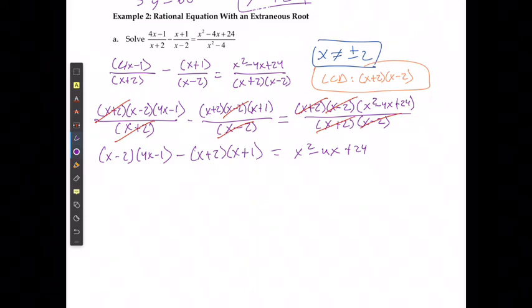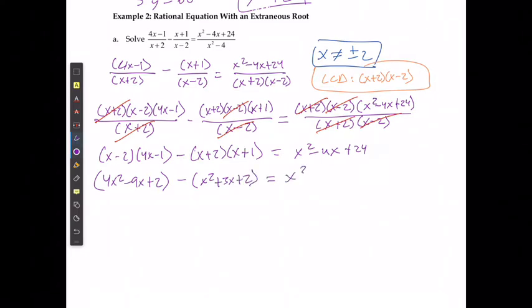I'm going to FOIL out these multiplications of binomials, and I'm going to state that I have, for the first part, 4x squared minus 9x plus 2. I'm going to subtract from that x squared plus 3x plus 2, and that's still going to equal x squared minus 4x plus 24.